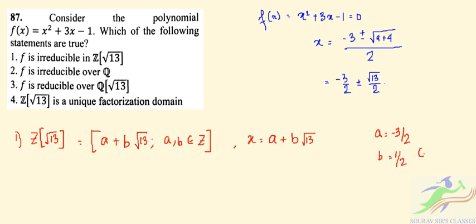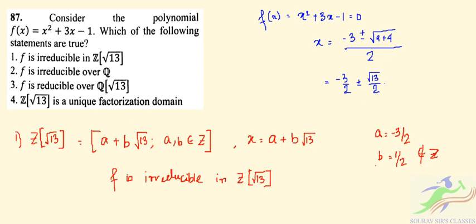So this is not an element of Z. So f is irreducible in Z of root 13. Okay, so option 1 is correct.